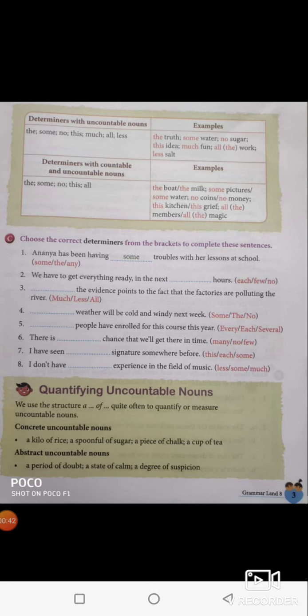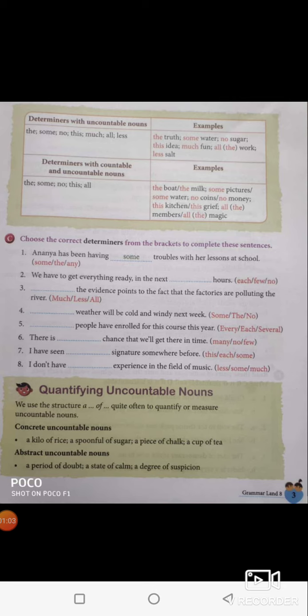What do you mean by quantifying uncountable nouns? Like a kilo of rice, a spoonful of sugar. So we use the structure a cup of coffee, a bunch of keys.